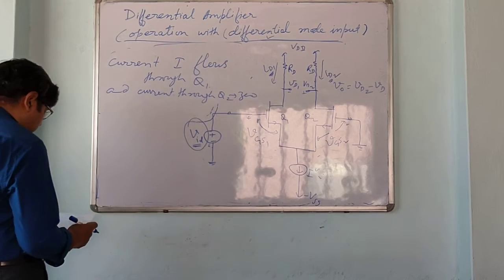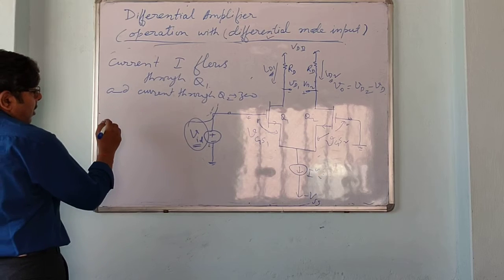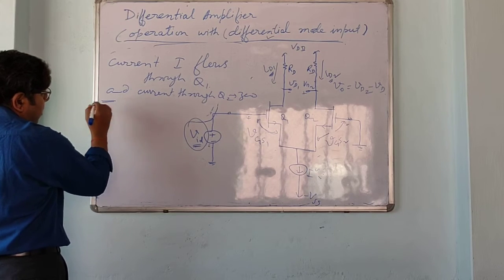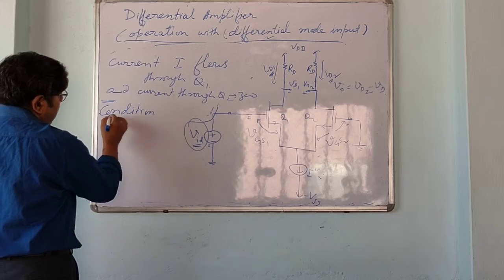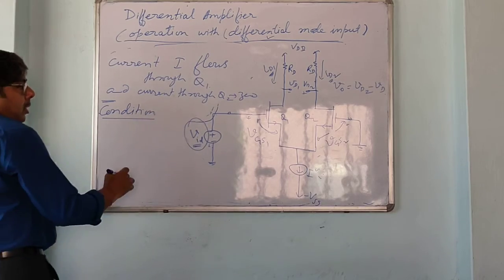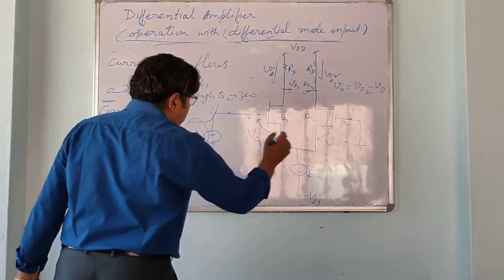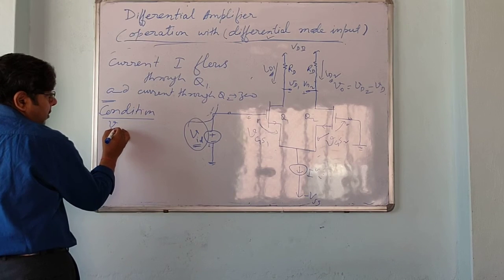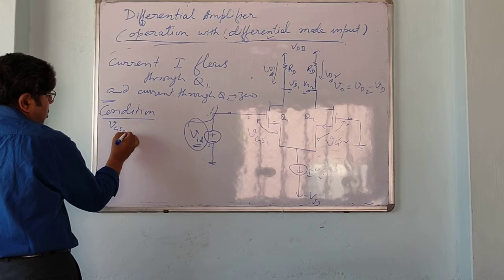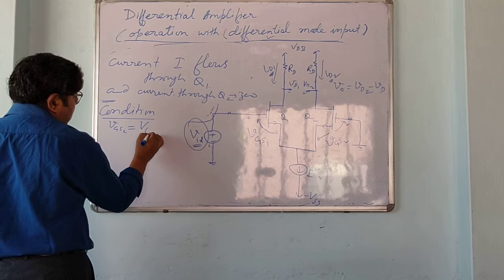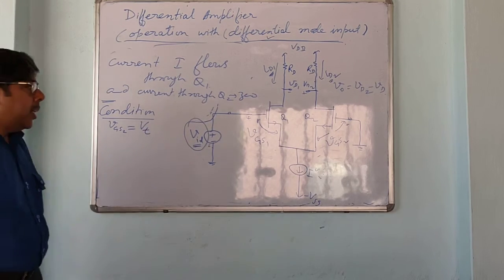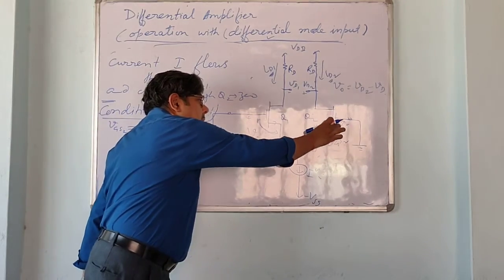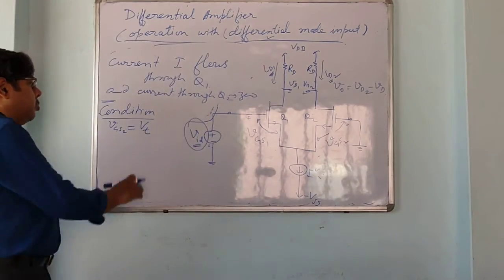What is the condition for this operation? First, VGS2 becomes the threshold voltage, the minimum value, because to conduct this transistor VGS2 must be greater than the threshold voltage.